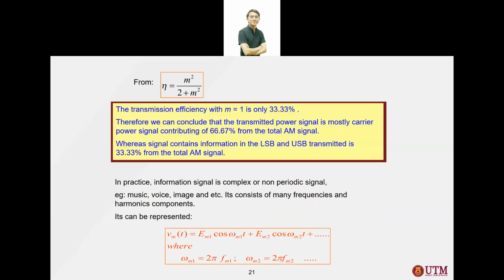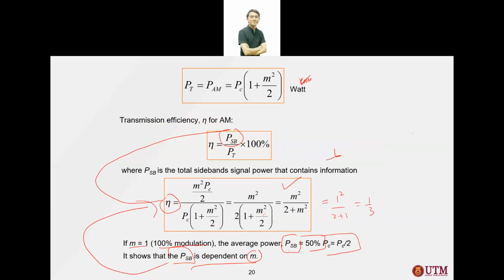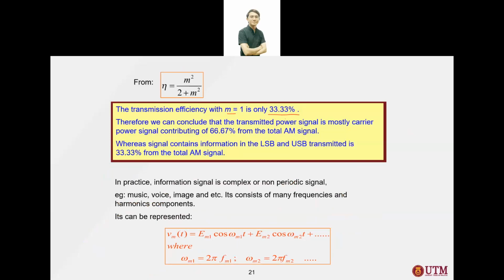So the transmission efficiency with M equals 1 is only 33.3%. Therefore we can conclude that the transmitted signal power is mostly carrier, 66.7%. That's why in the double sideband full carrier spectrum, you see that the carrier has the most magnitude, the most amplitude.